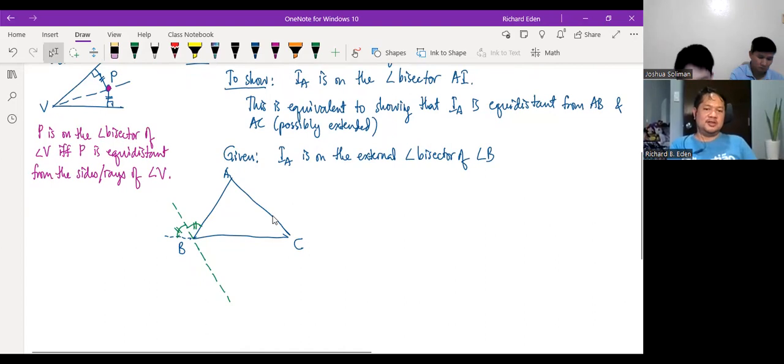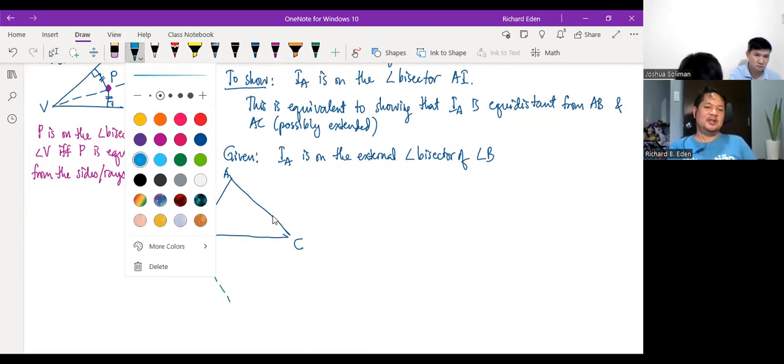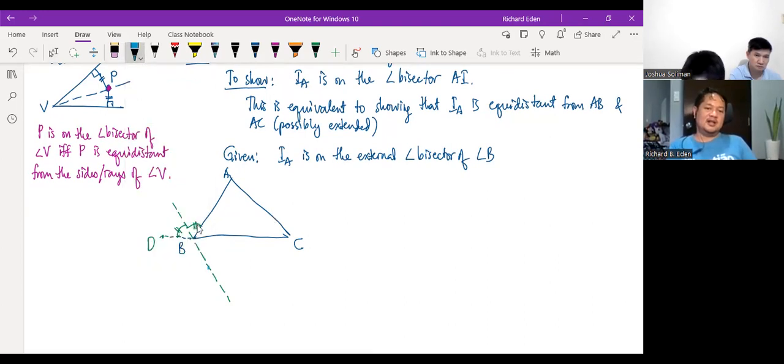So if we call this point D, what we have drawn here is the bisector of angle ABD. For a point that's on this bisector, what's the consequence? If a point is on this angle bisector, then it means it is also equidistant from which sides?